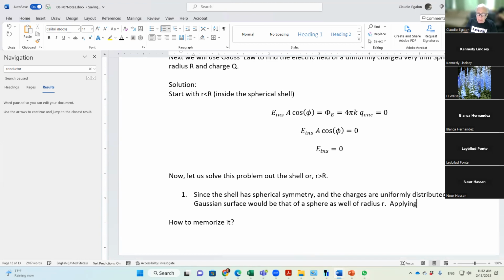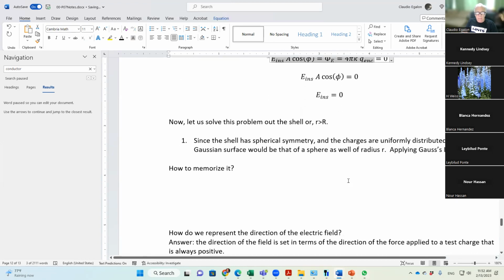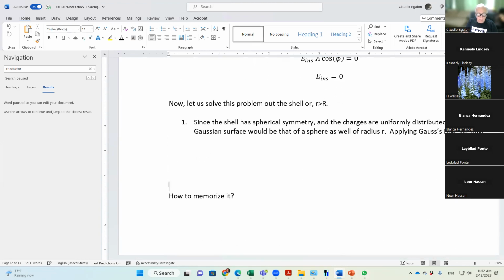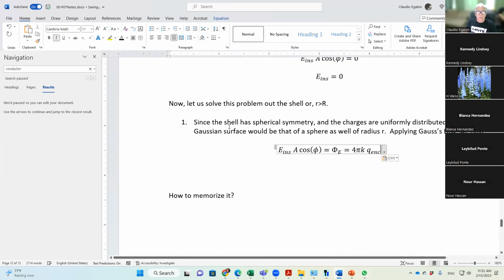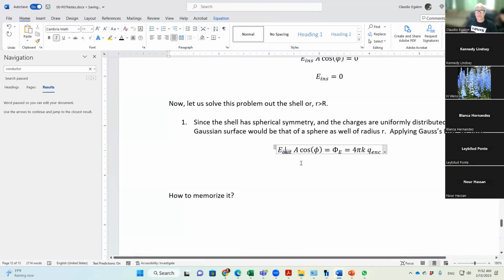Applying Gauss's law, we have this one here again, but now it is going to be outside the spherical shell.